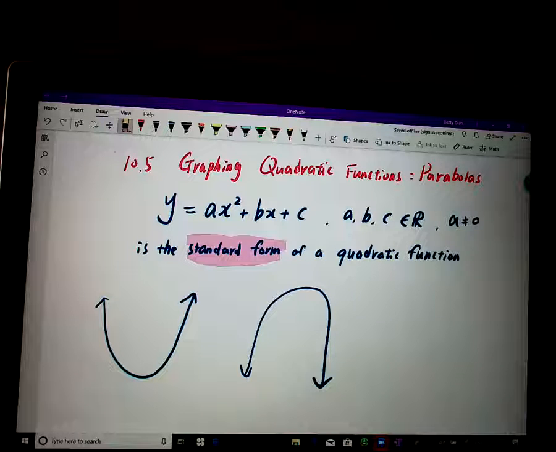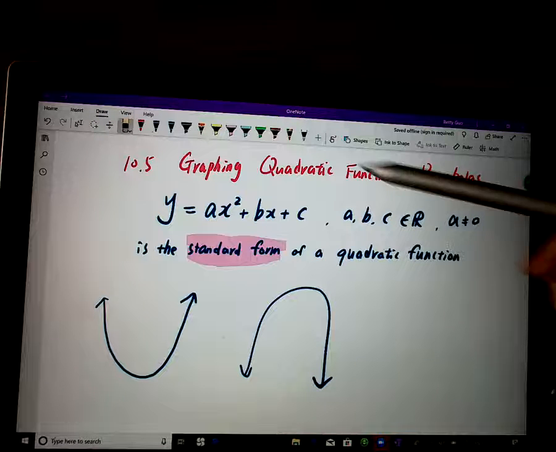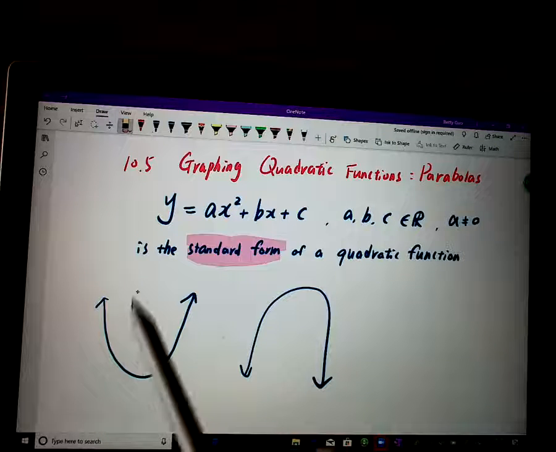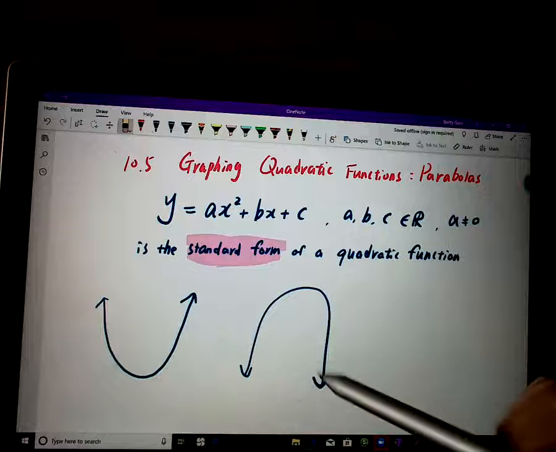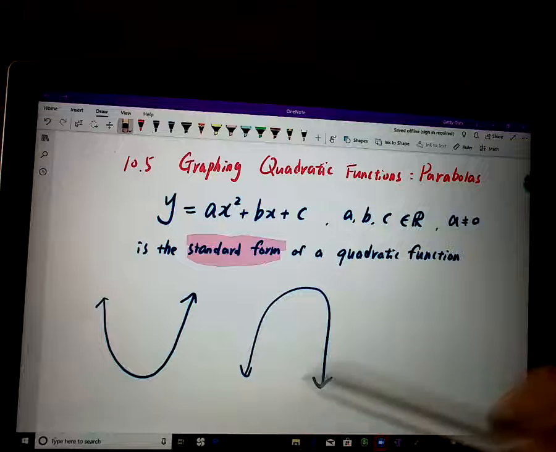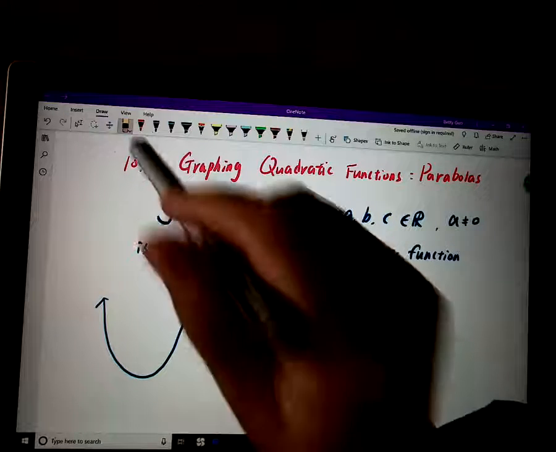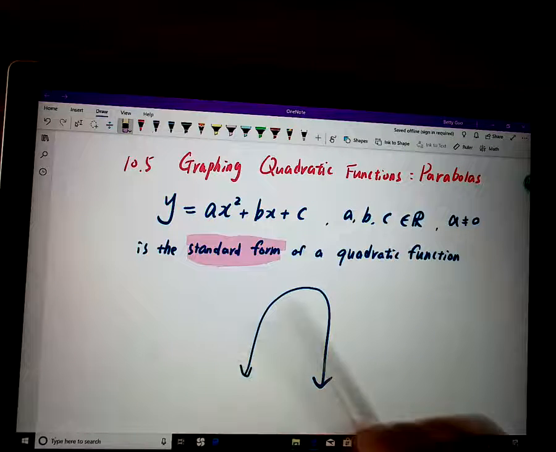I just showed you, they fail the vertical line test. When we talk about the graphs of quadratic functions, the parabolas either open up like this one or open down like this one. The parabolas must be vertical parabolas, either opening up or opening down. So we are clear about that.